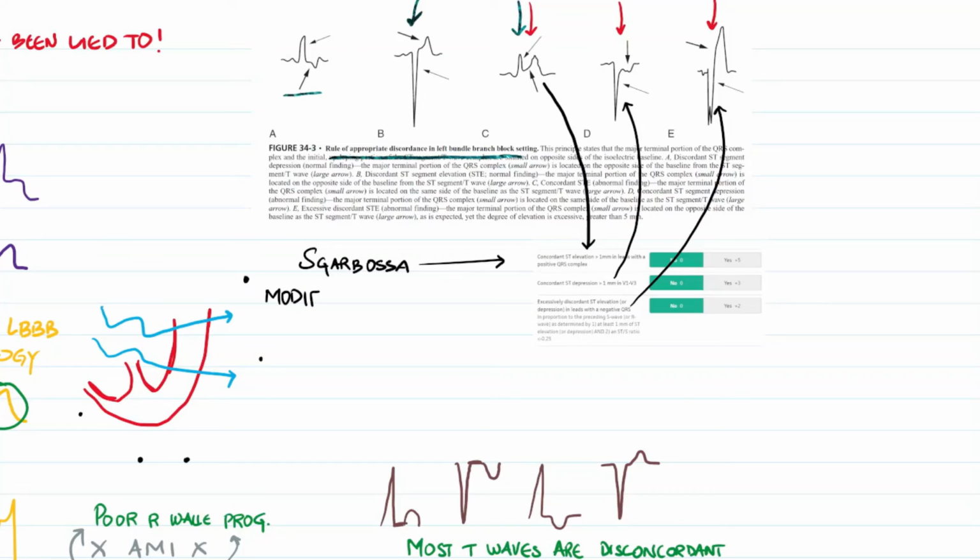This score was modified again and called the modified Sgarbossa criteria, where the last component was actually changed so that excessive discordance means the ST segment elevation should be at least 25% of the amplitude of the preceding S wave.